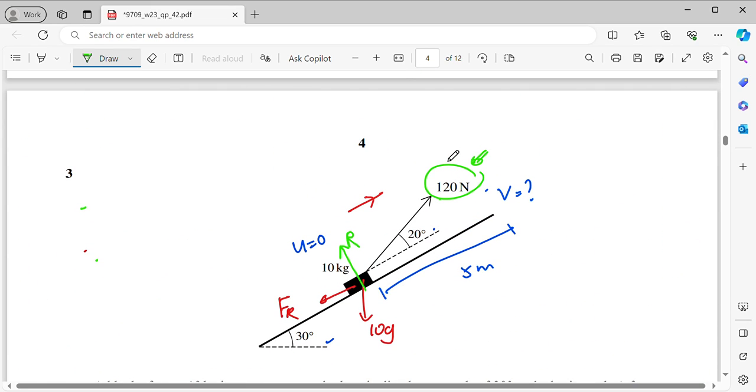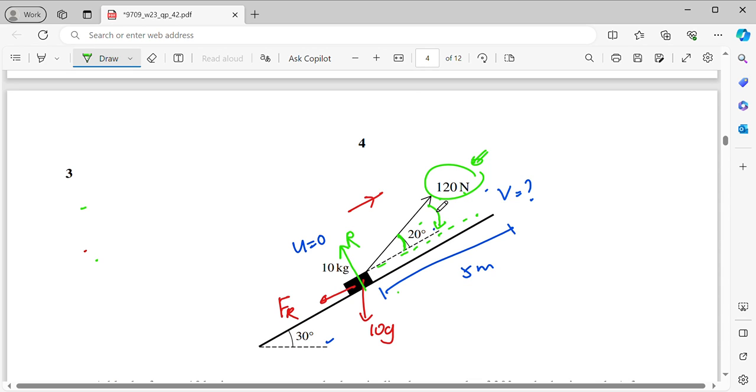So that means I have to resolve this force so that it is parallel to the plane, because the block has traveled 5 meters. When I resolve, using the given angle, my F will be 120 cos 20 degrees.